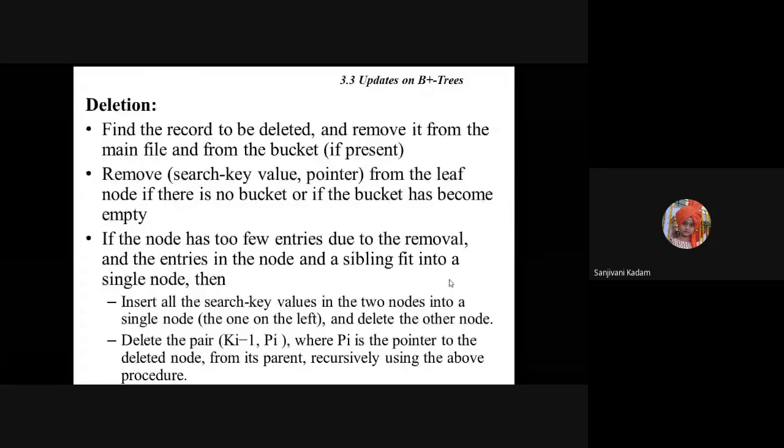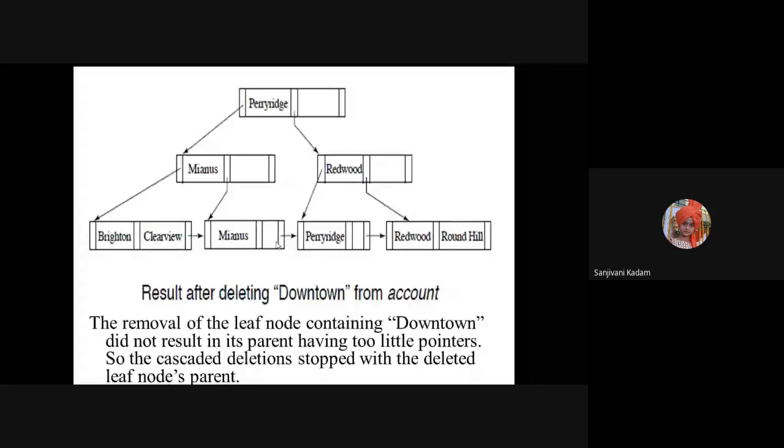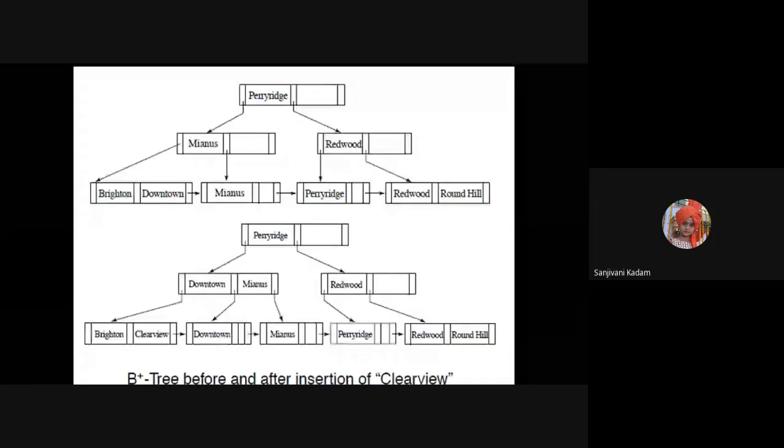Right now we wanted to delete Downtown. This was the previous case. After deleting Downtown, we understand that this was the only entry in this leaf node, so our pointer cannot point to this empty node.